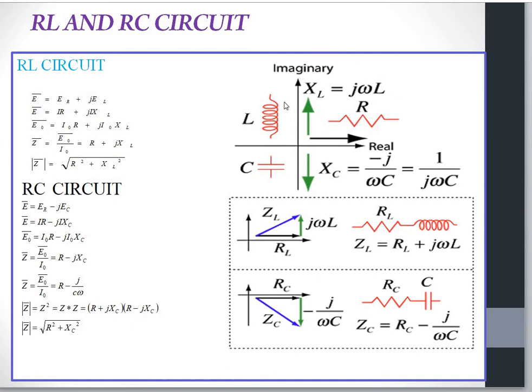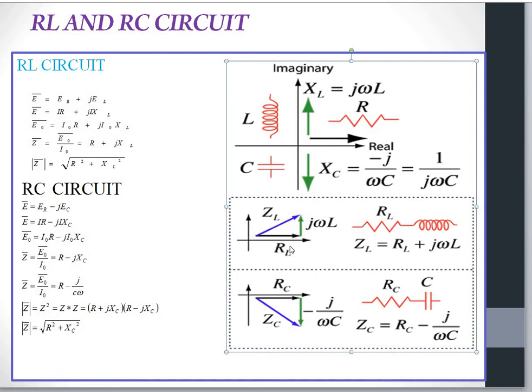This is the phasor diagram of an RL circuit. So this is the real axis and this is the complex axis. So this is the vector diagram of an R and L circuit.